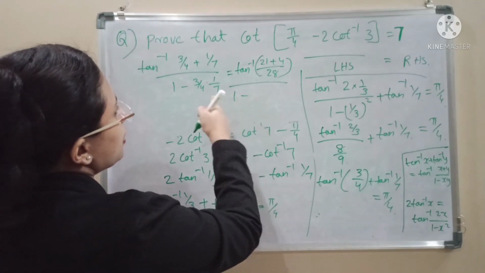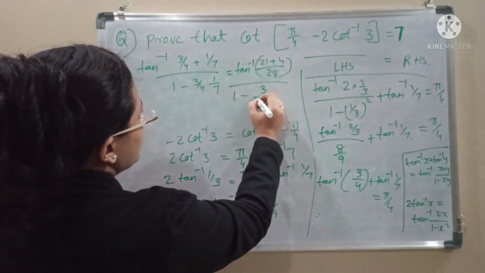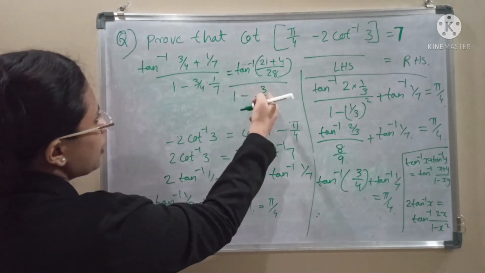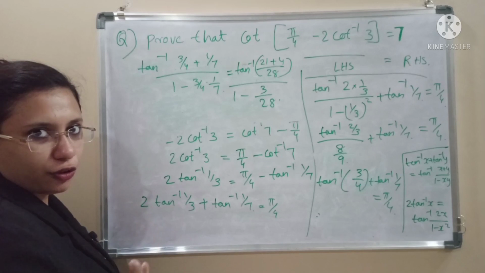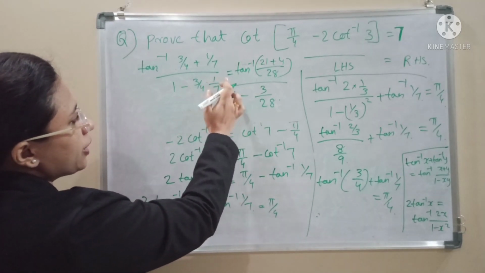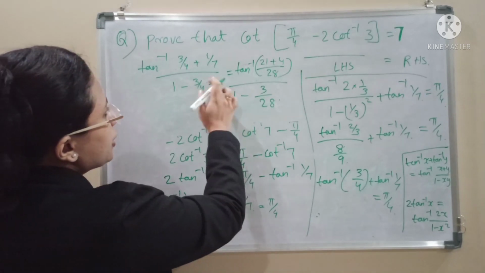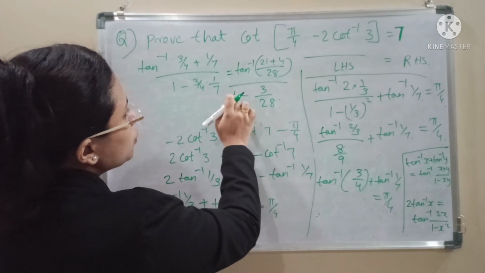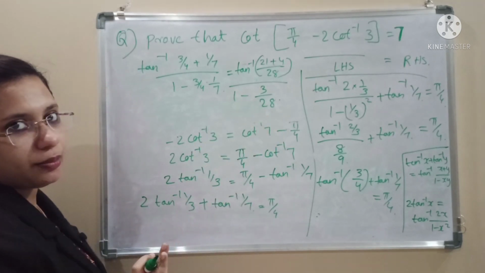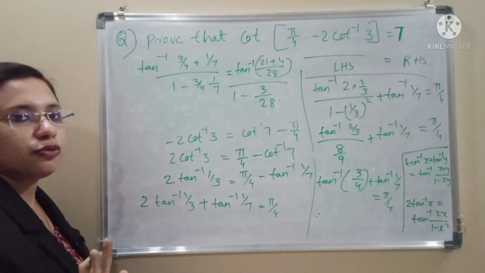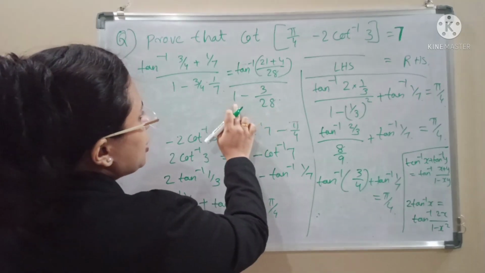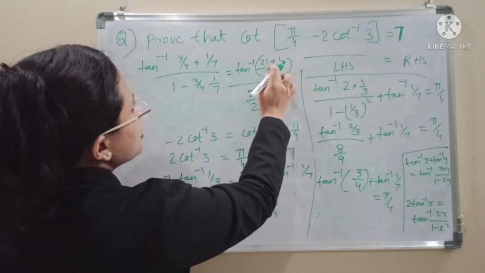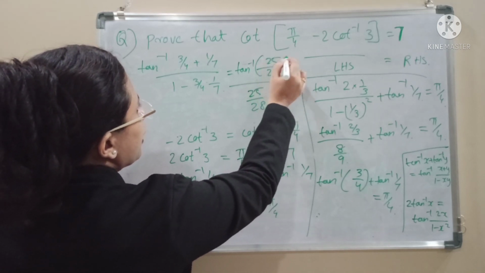So 1 minus 3 divided by 28. Clear? 3 times 1 is multiplication, so no need of cross multiplication, directly we can multiply numerators and denominators. 3 times 1 is 3, 4 times 7 is 28. Here we have to do the cross multiplication, which is only applicable for addition and subtraction. So it will be 28 minus 3, that is 25, divided by 28, and 21 plus 4 is 25.